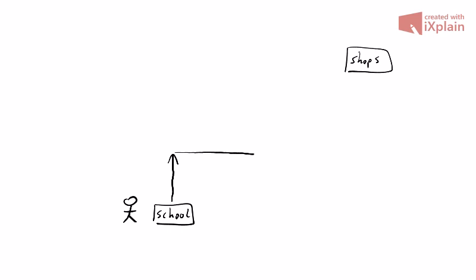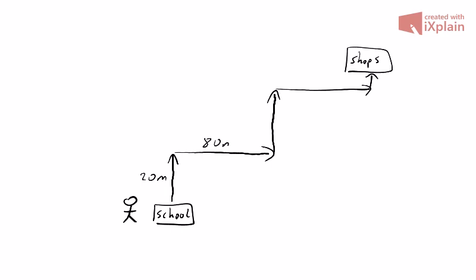So let's consider a wee guy, and it could be you. He's at school, and at lunchtime he wants to go to the shops. Now, generally when you have to walk from school anywhere to anywhere else, you can't really just take a direct route. You have to go around some streets, turn corners and things like that, because you can't run across other people's gardens. So you have to take a slightly longer route than expected.